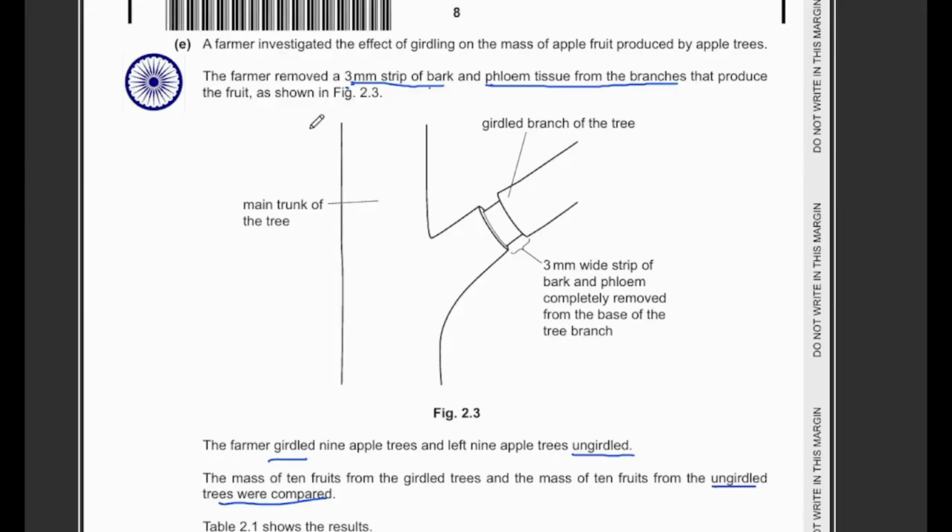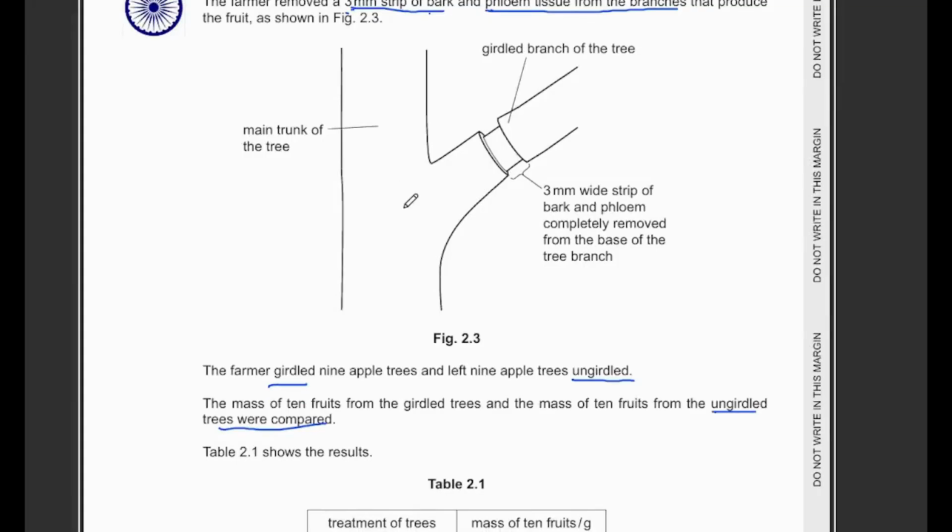The farmer removed a 3 mm strip of bark and phloem tissue from the branches that produce the fruit. Here fruits were there, and this is the main trunk which is transporting water, and fruits there means photosynthesis taking place at the branches.